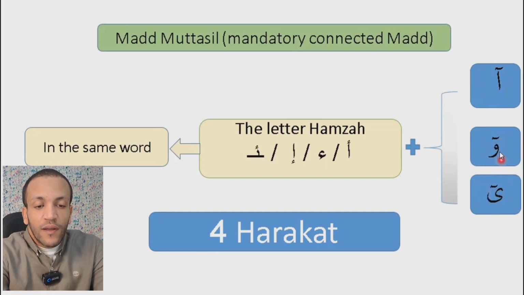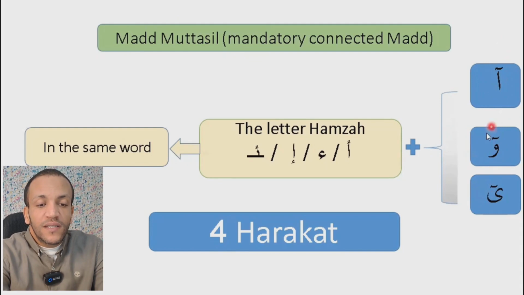When you see this sign, it tells you that the Madd here is longer than 2 harakat. Actually, our section, Madd Muttasil, must be prolonged 4 harakat. So when you see this sign, you should know that the Madd here is more than 2 harakat.